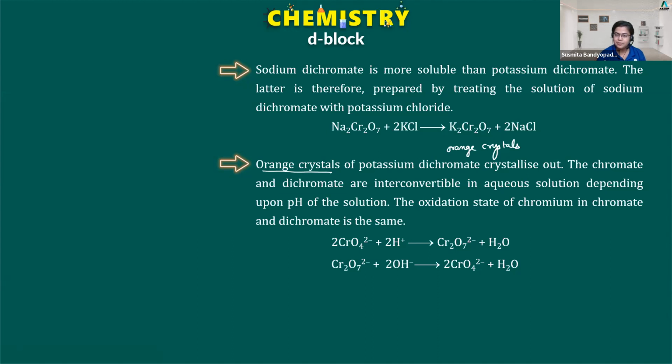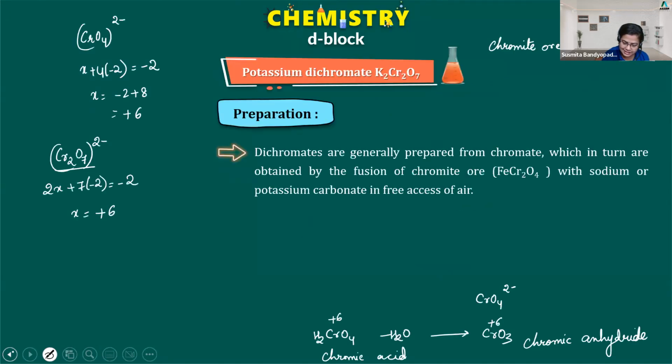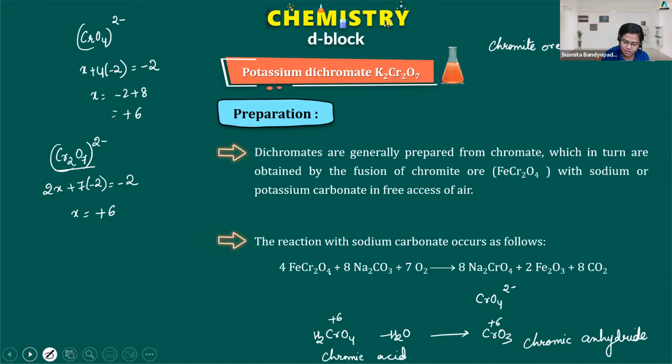So what will happen? Sodium dichromate solution will be treated with KCl, double displacement, you get orange colored crystals of potassium dichromate. And from dichromate, if you want to go back to chromate, that will take place in basic medium. Fine, everyone clear? So it should get registered here. Correct?